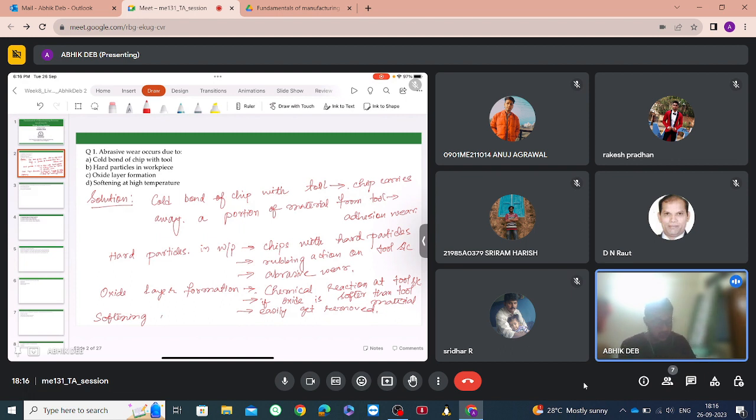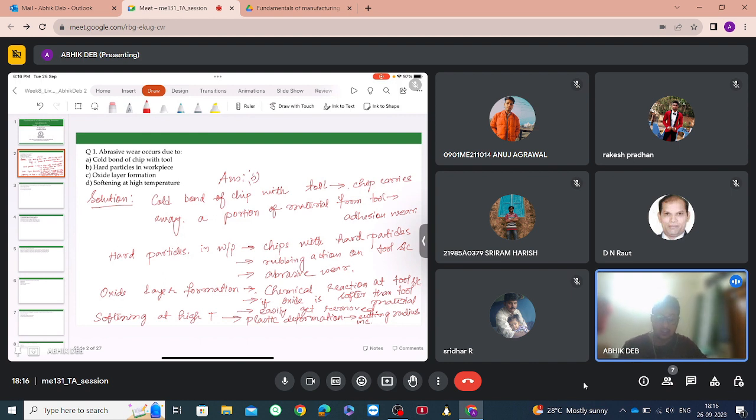Softening at high temperature means plastic deformation, so the cutting radius or nose radius increases. The force will also increase and the tool will become blunt. So the correct option for this one is option B.